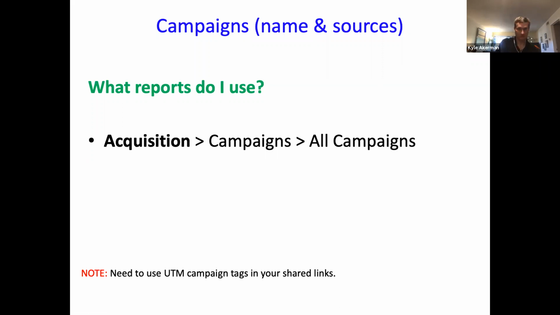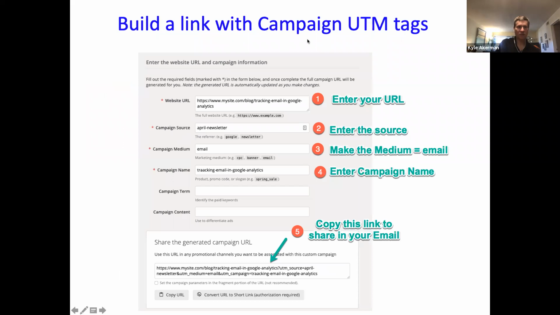Here is how to build a link with campaign tags, because all you're doing is adding some extra parameters to the end of the link that you're sharing. You enter the URL that you want to share. For campaign source, you enter a name. This is an email one, so I'm going to call it email newsletter.